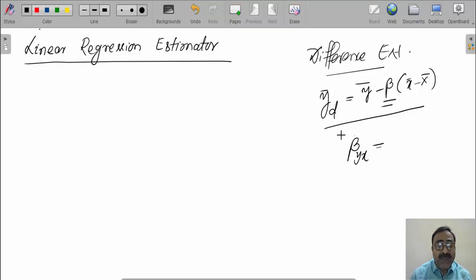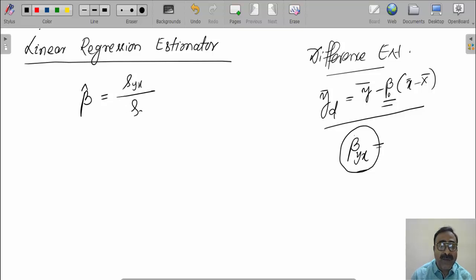So the sample regression estimator is a particular case of the difference estimator when we use the least square estimate of the population regression coefficient β_yx in place of this β_0. That means we use β cap, that is equal to s_yx by s_x square, that is equal to b.